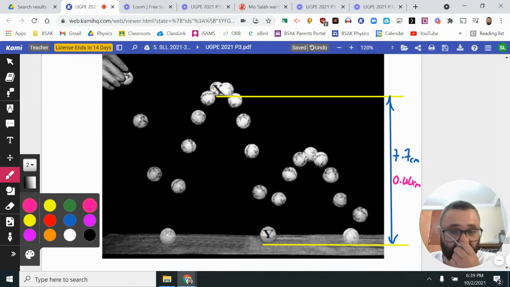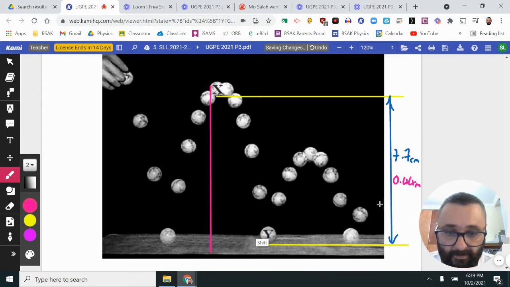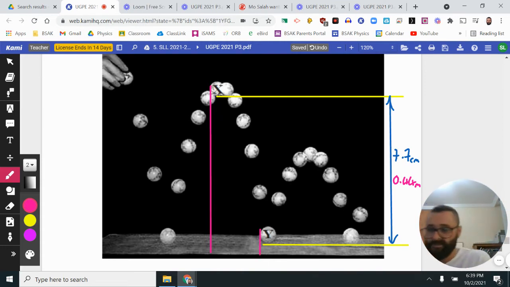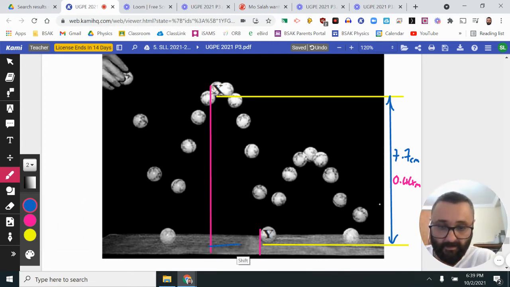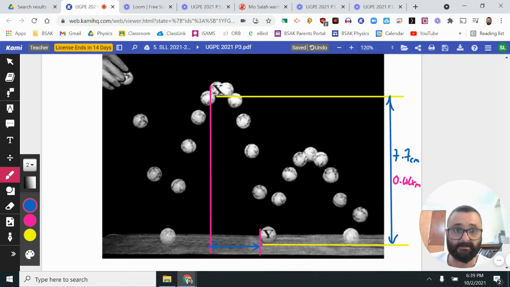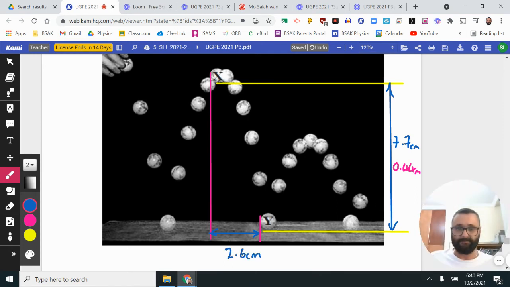How far horizontally does it go between X and Y? So again, let's take the edge of the ball. There's one edge there, there's another edge there. Now I measured on my paper copy that horizontal distance to be 2.6 centimeters. Making sense?